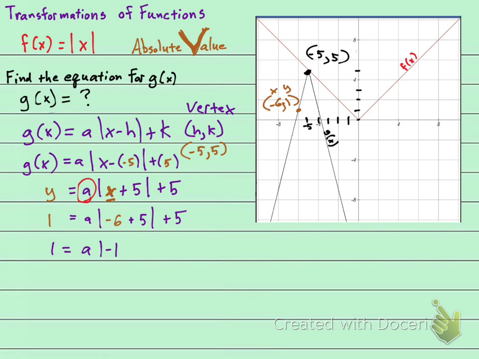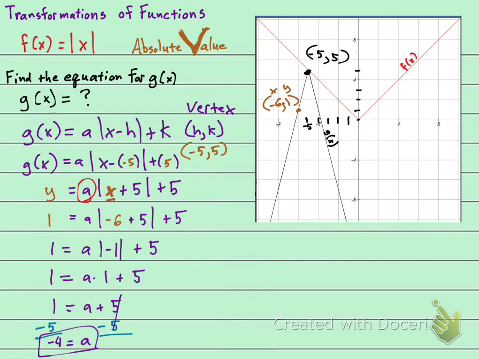That's the absolute value of -1, which is 1. 1 equals a times 1, plus 5. a times 1 is just a. 1 equals a + 5. And now one more step to solve for a. To get it by itself, I will subtract 5 on both sides. Equal sign drops down. Here's the a by itself. 1 minus 5 is -4.